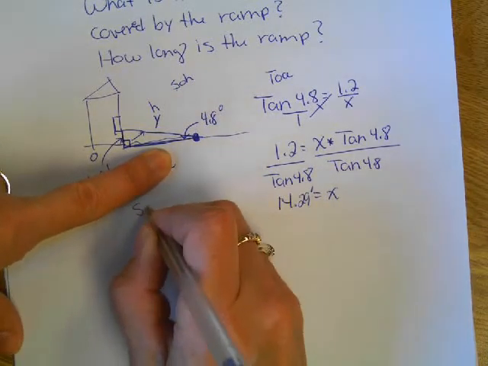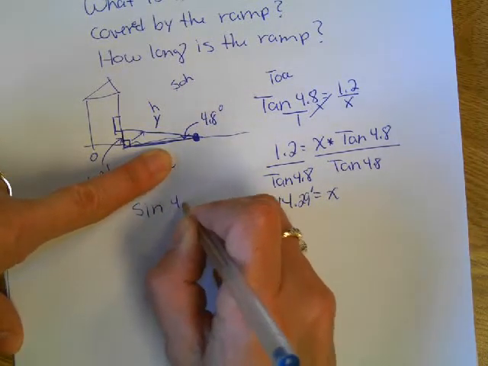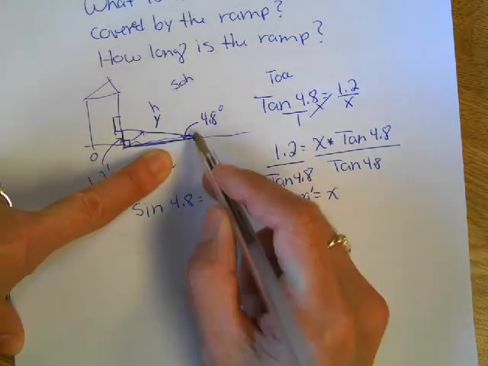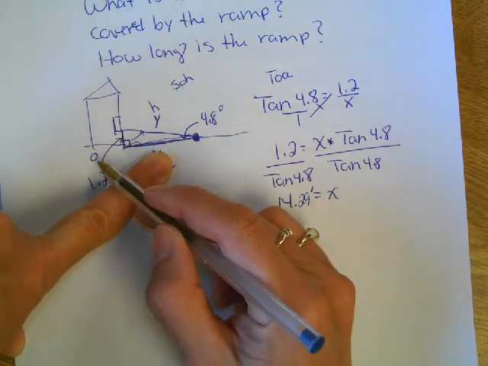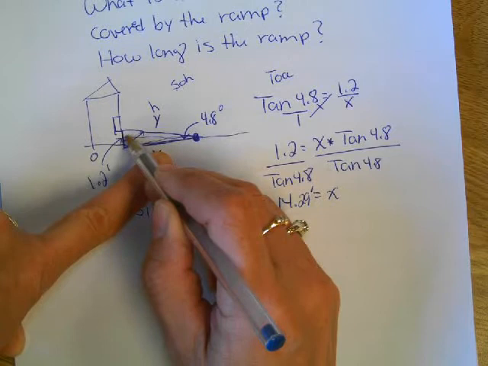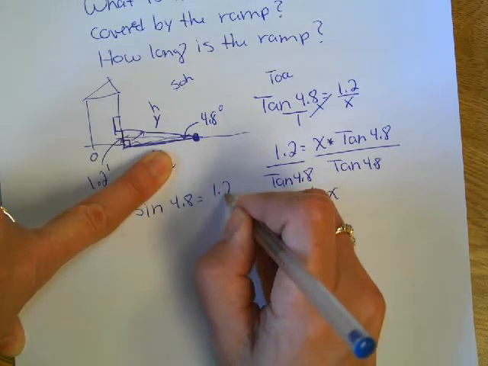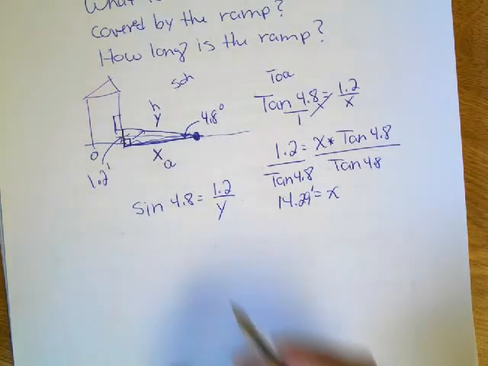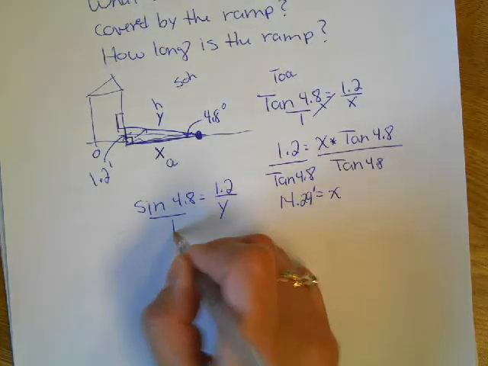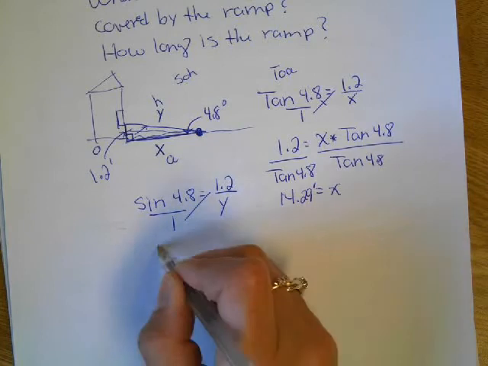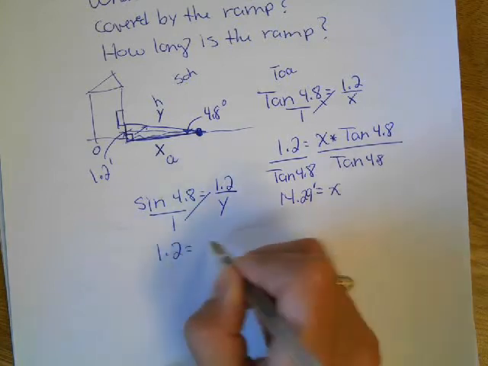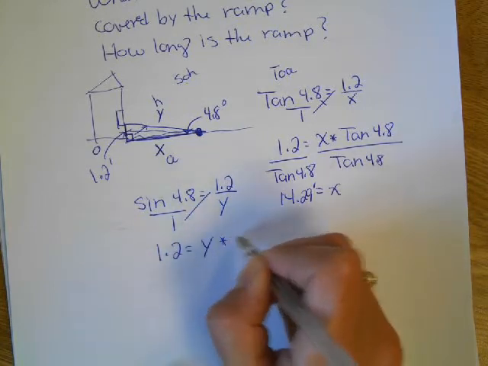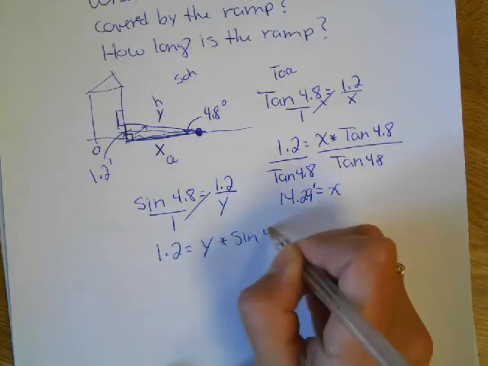So the sine, standing at 4.8 degrees, opposite is the 1.2. That's what's across from me. And the hypotenuse is the y. So very much like the last algebra, where we do cross products, 1.2 equals y multiplied by the sine of 4.8.